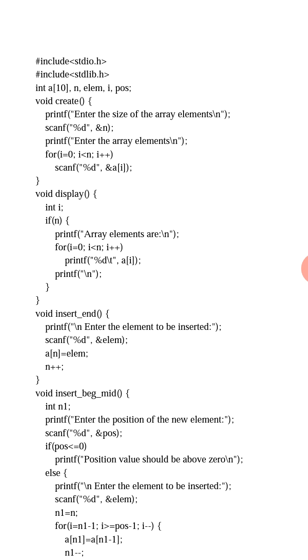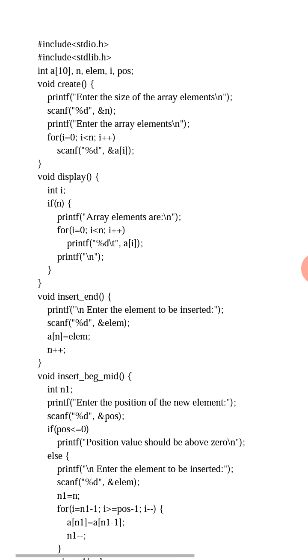So, prior to discussing the implementation of this problem, let us revise a few concepts which we have already studied in our classroom. First, let us understand what an array is. An array is a collection of items stored at contiguous memory locations.